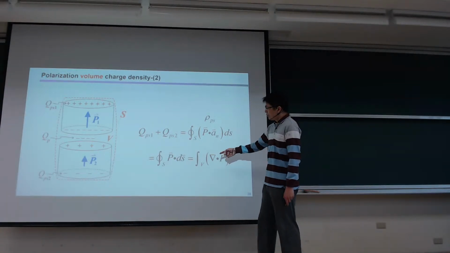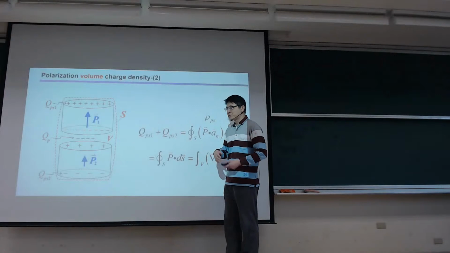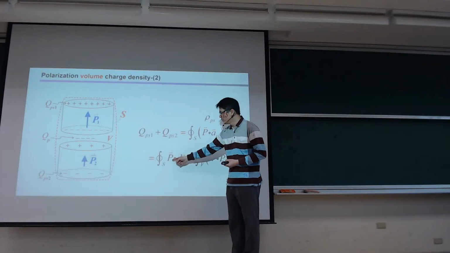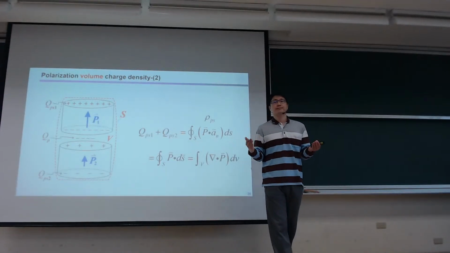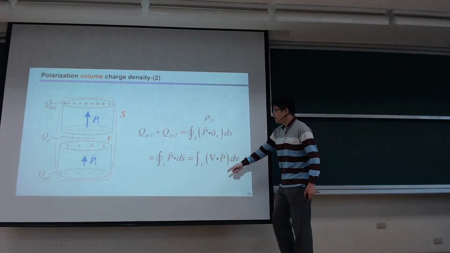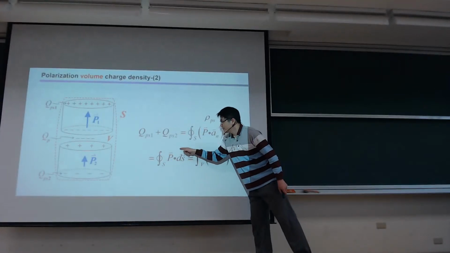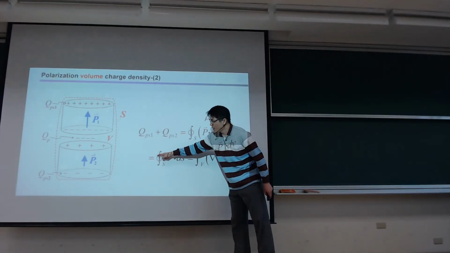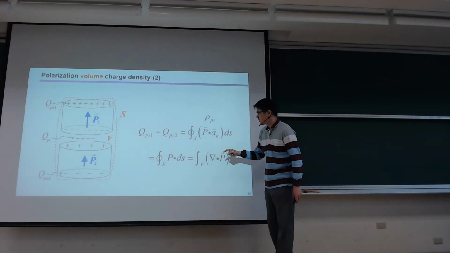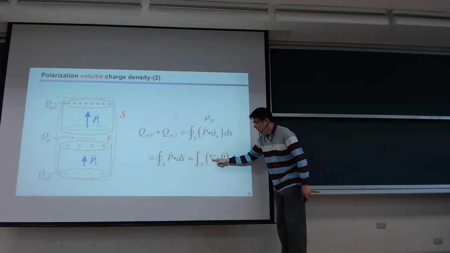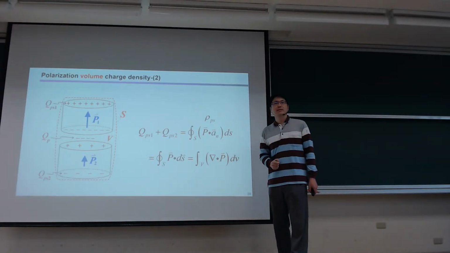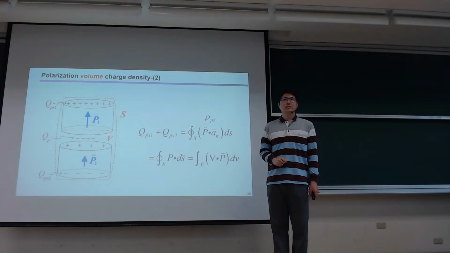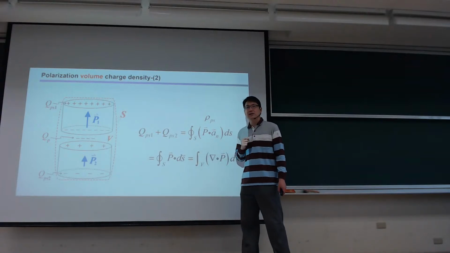Right? Over the closed surface, I'm trying to evaluate the total polarization vector, making a dot product with the surface normal. Okay? And then I can make this integration over a closed surface equal to the integration of the divergence of P over the entire volume. Do you know why I can draw the equality?